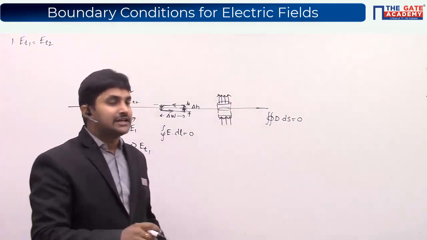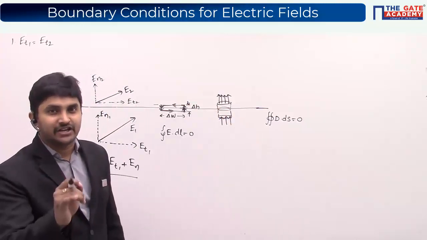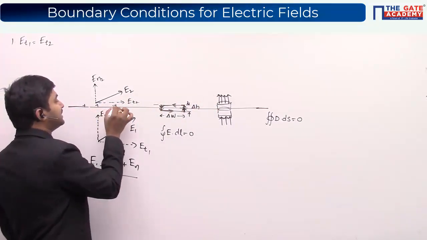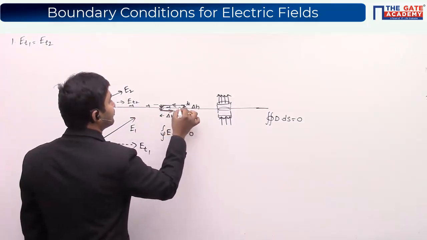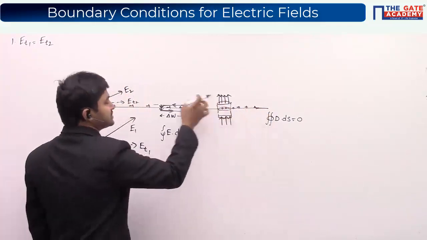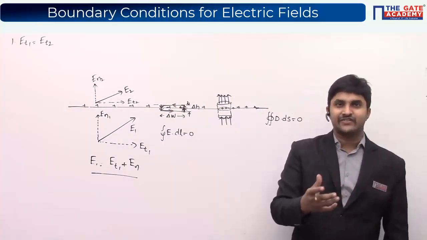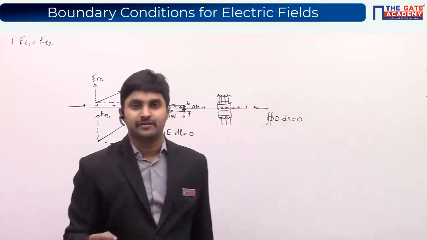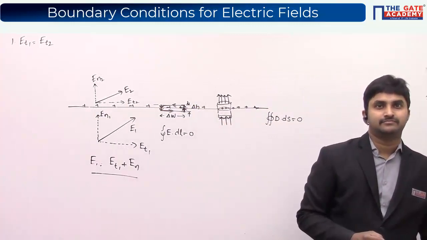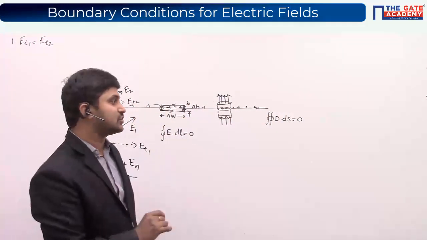Now if I consider that my interface is charged, because this is a surface, a plane, what is the density that we have to consider? Surface charge density, very good. So we have to consider the surface charge density, rho s.